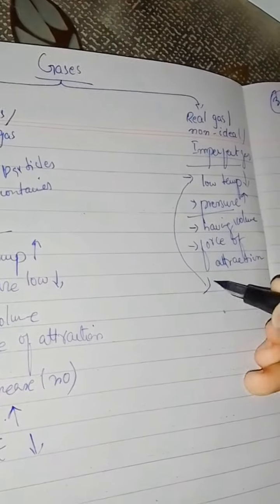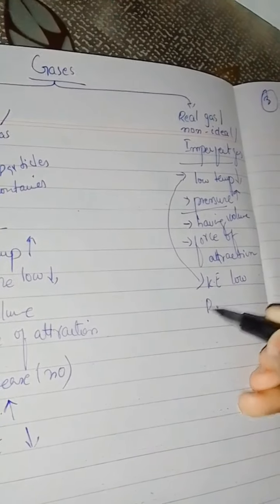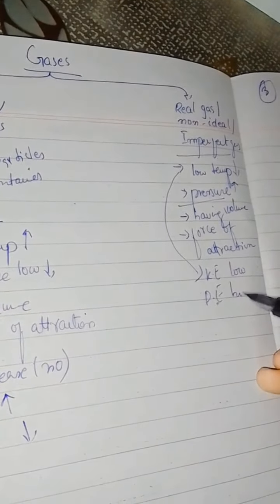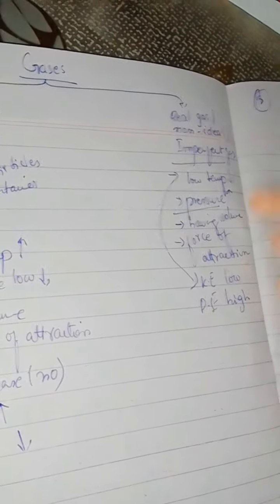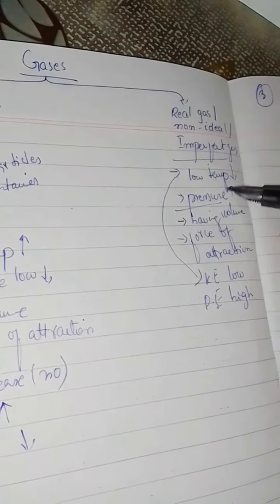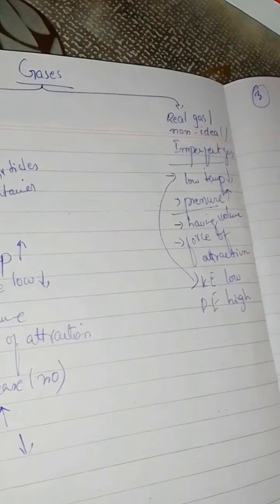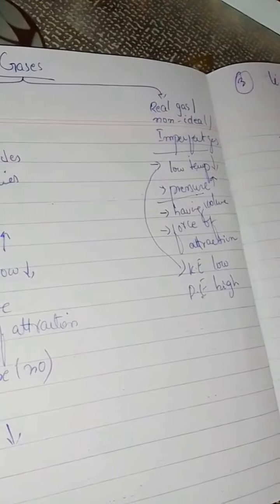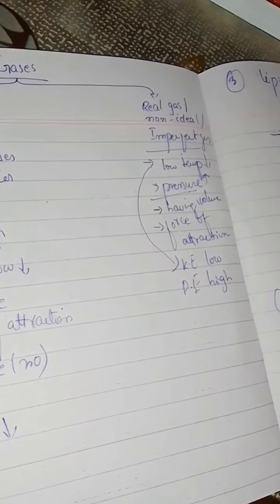As we are giving a low temperature, the kinetic energy will be low, and when kinetic energy is low, potential energy is high, and it will have a volume as well. So we give a low temperature but high pressure, and as a result kinetic energy will be low, potential energy will be high, there will be a force of attraction, and it will have a volume.